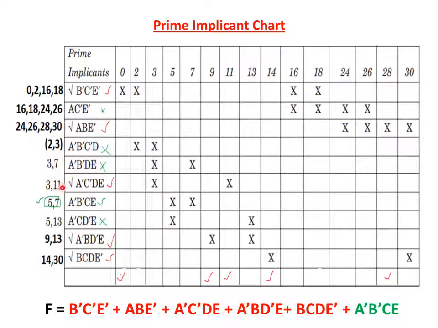So the uncovered minterms are 5 and 7. So we are grouping only these, and we are taking this combination for the final expression. This combination's expression is A bar, B bar, C. So the final reduced expression for the 5 variable tabulation method is this one. Thank you.